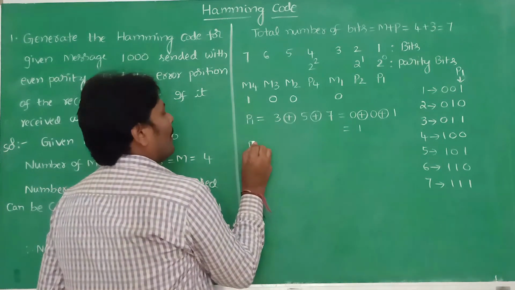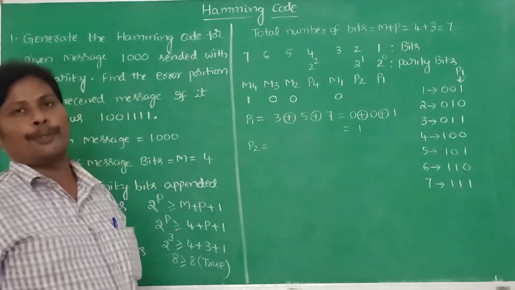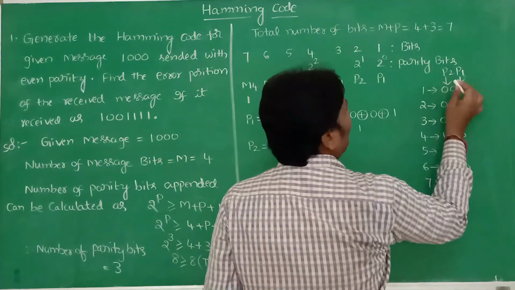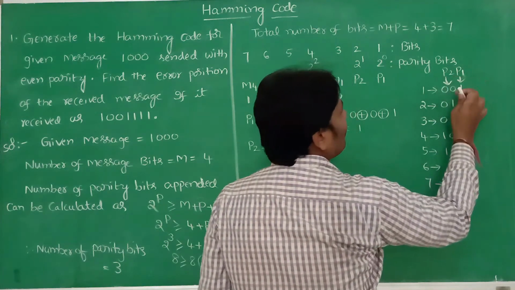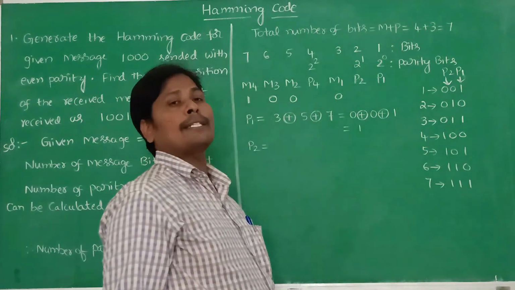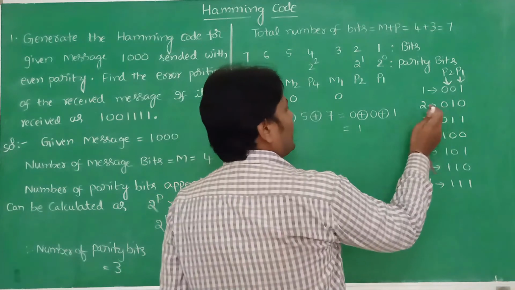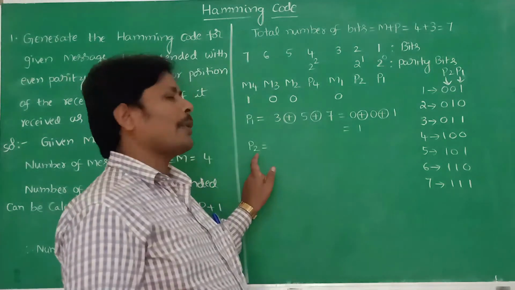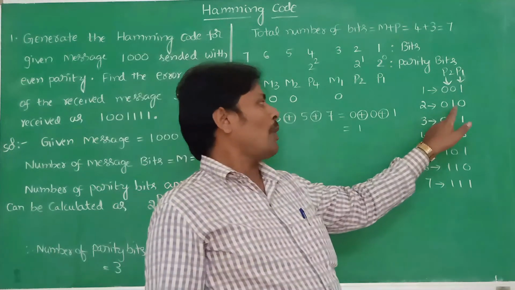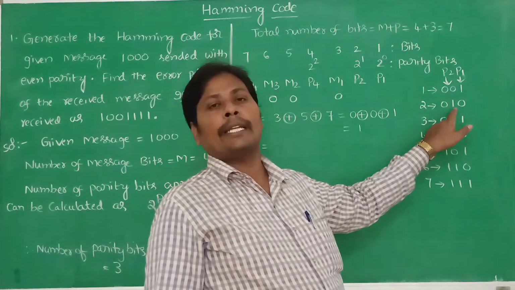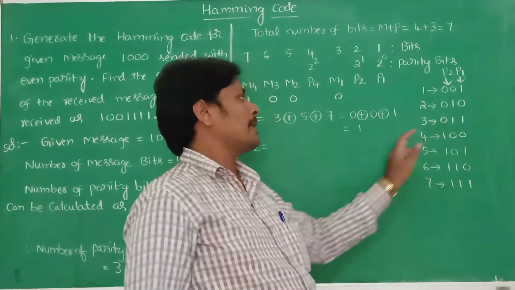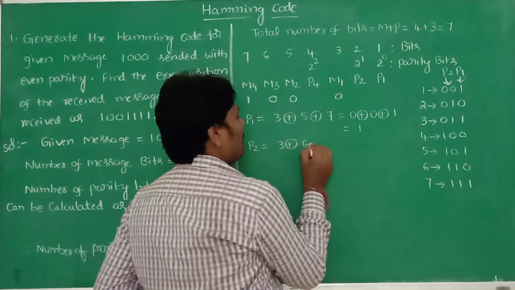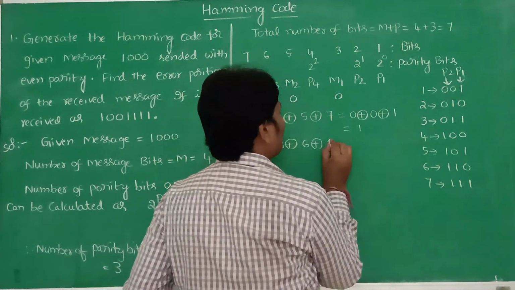Next, we can go for P2. To calculate P2, we have to consider the second column. In that second column, 1 is present at the second, third, sixth and seventh positions. Since we are calculating P2, the second one is not considered. So 1 is there at the third, sixth and seventh positions.